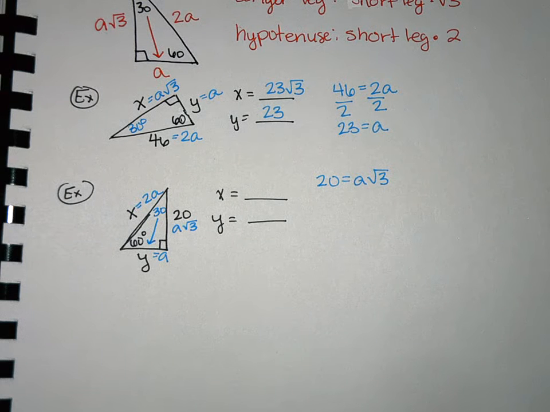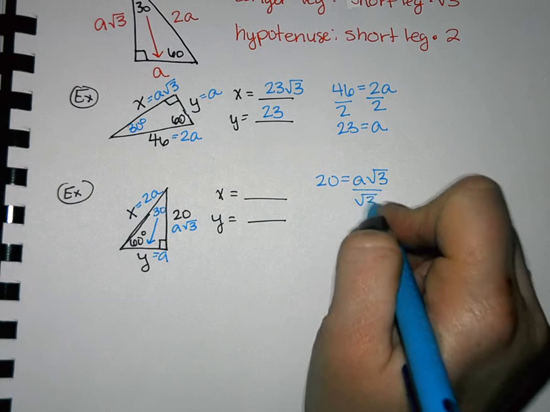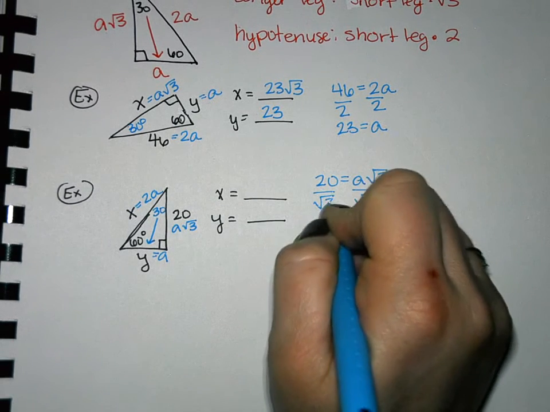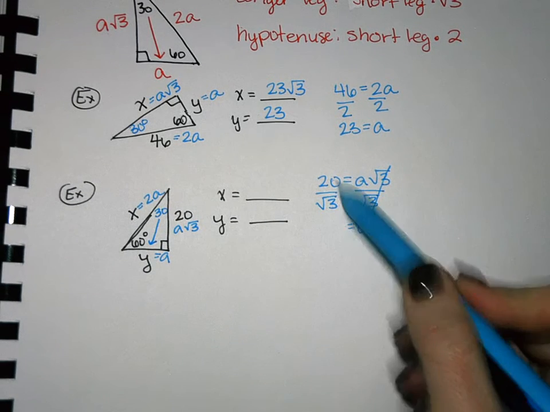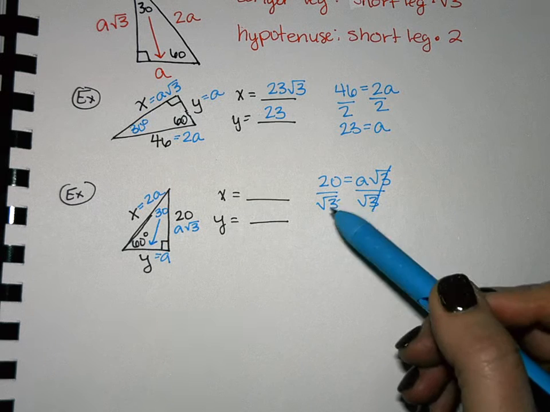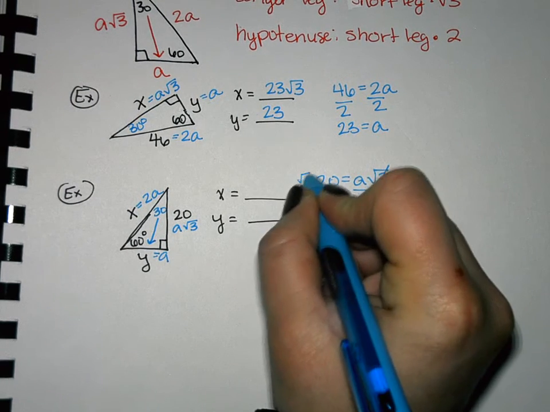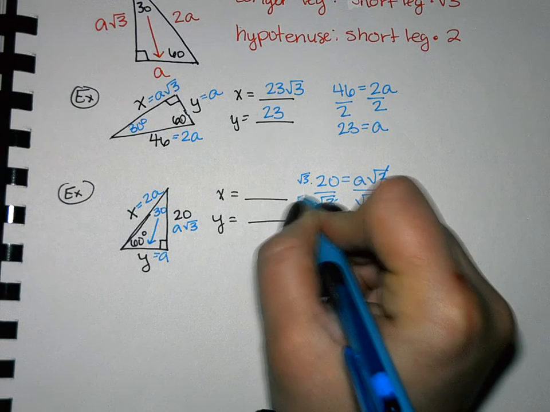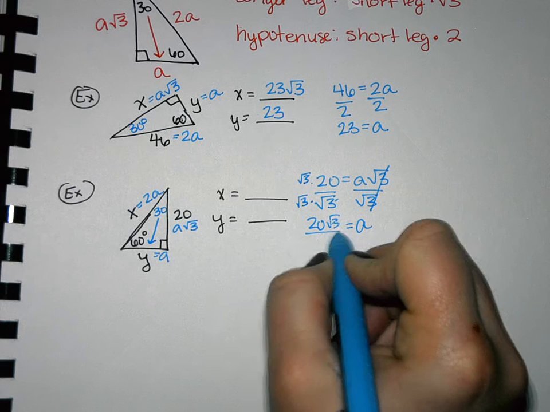So just like before, we have to solve for A. So we're going to divide both sides by the square root of 3. So I get A is equal to 20 over root 3, but we need to rationalize it. So to rationalize, we're going to multiply top and bottom by the square root of 3 to get 20 root 3 over 3.